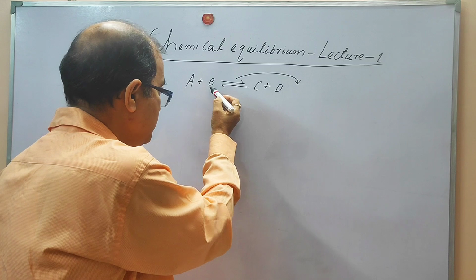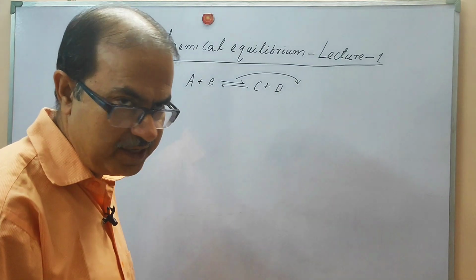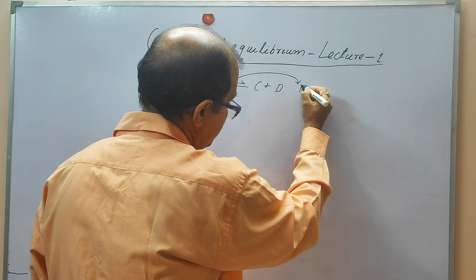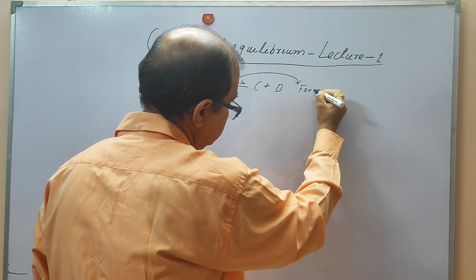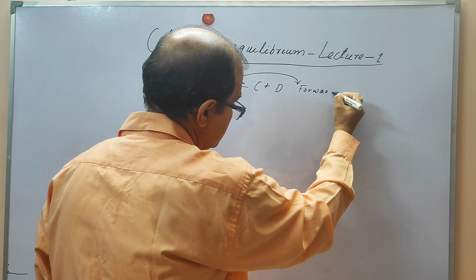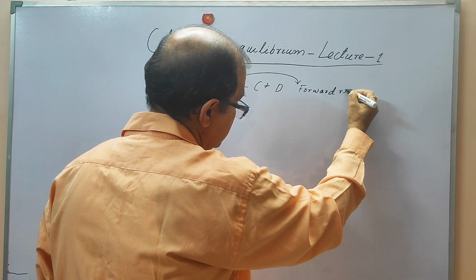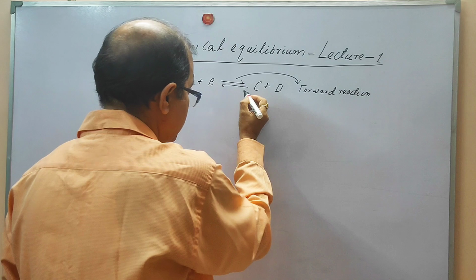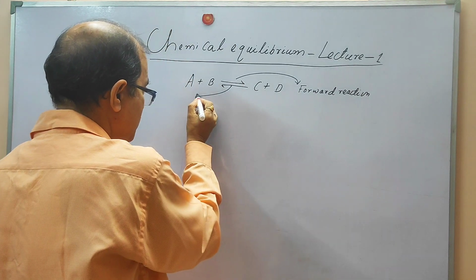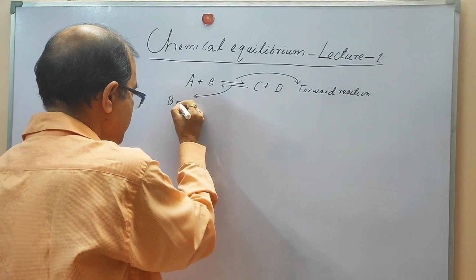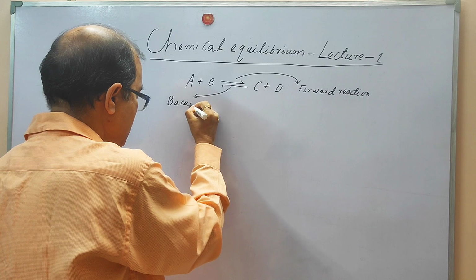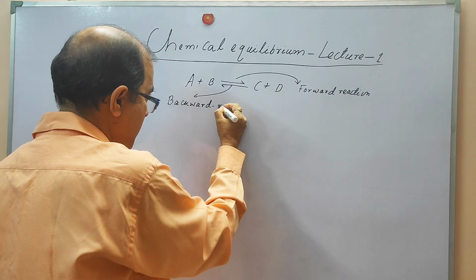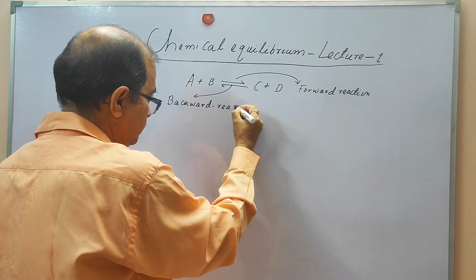That is, when A plus B gives C and D, it is the forward reaction, and C plus D giving A plus B is the backward reaction. So in a reversible reaction, you can always see that there will be a forward reaction and a backward reaction.